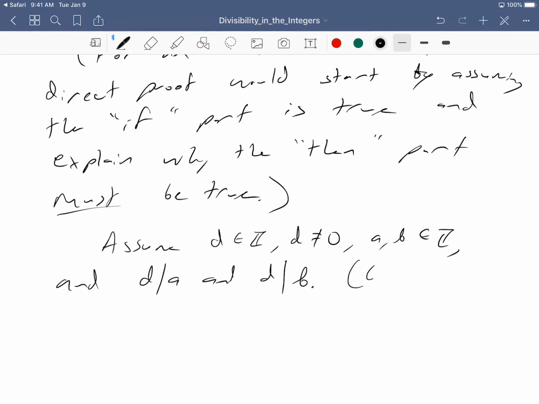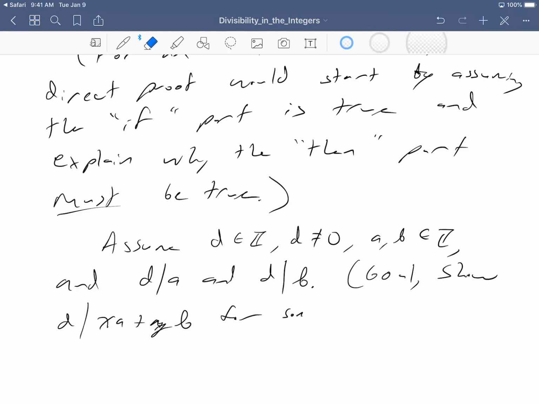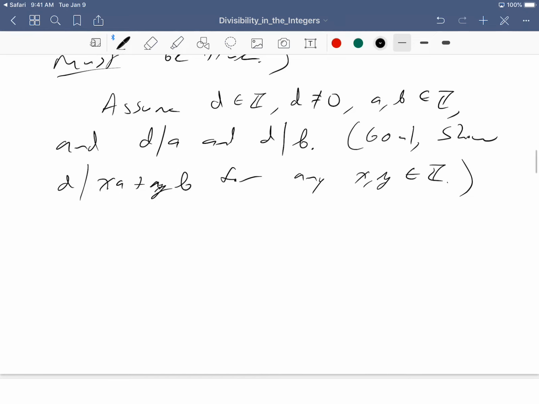And our goal now is to show D divides XA plus YB for any X and Y that are integers.